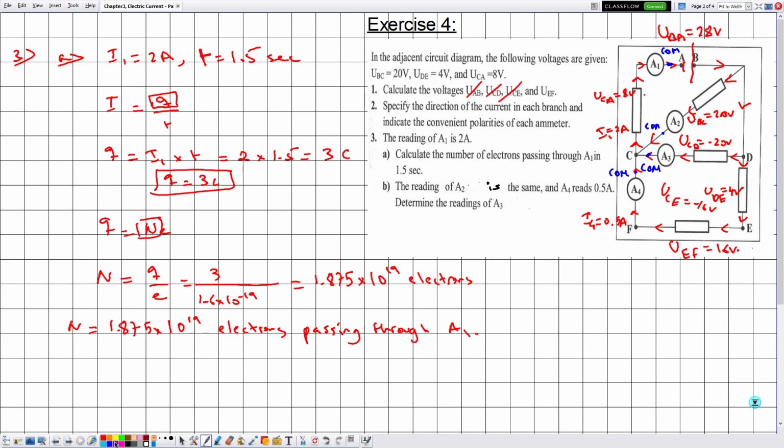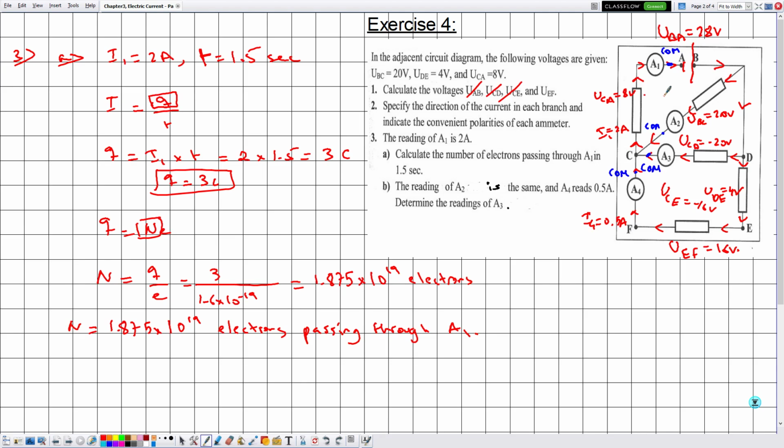So in this case the reading of A2 is the same, so the value of I2 traversing A2 is 2 amperes, but this also doesn't work.